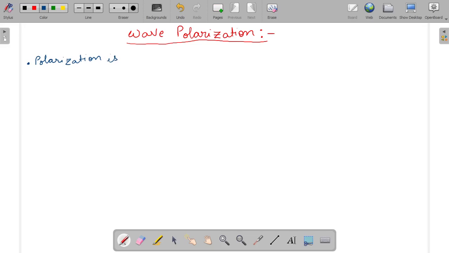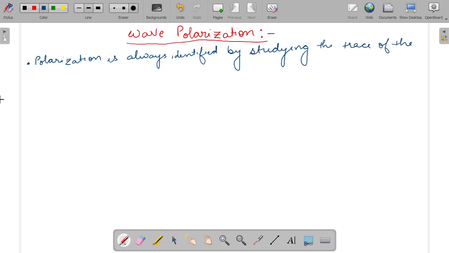Polarization is always identified by studying the trace of the electric field of z is equal to 0 plane, means in the xy plane.